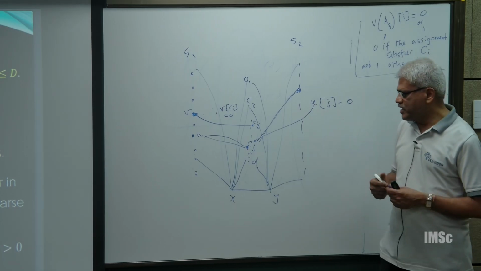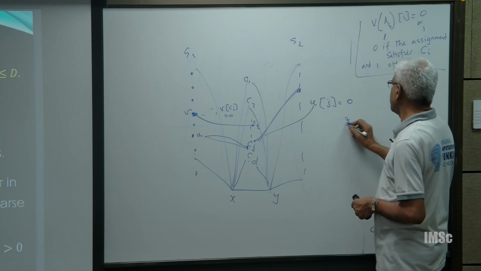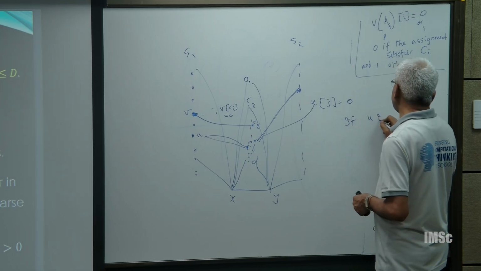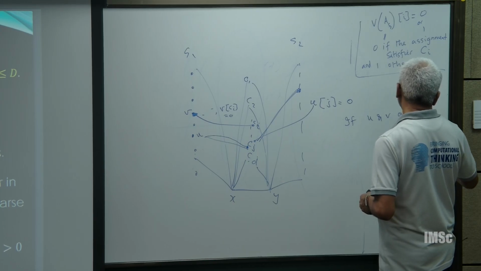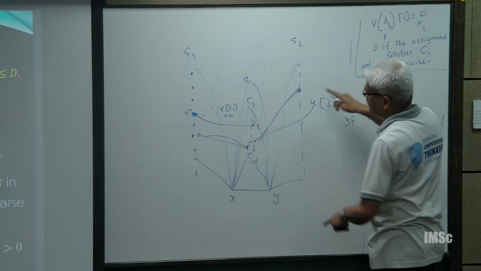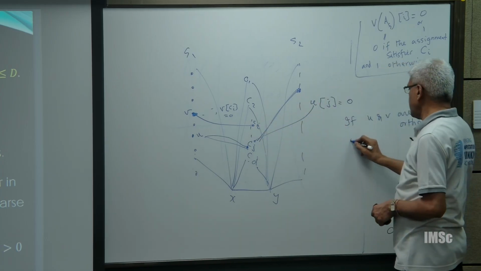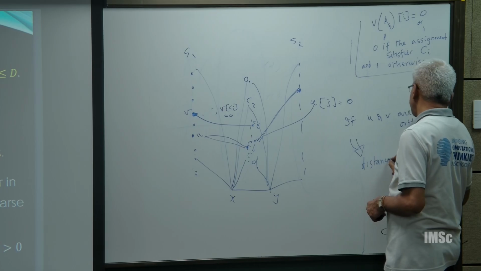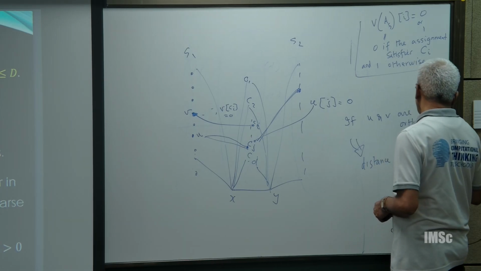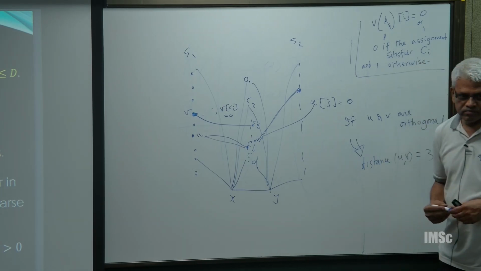So what am I saying? If u and v are orthogonal, u here and v here, then the distance between u and v is actually 3.